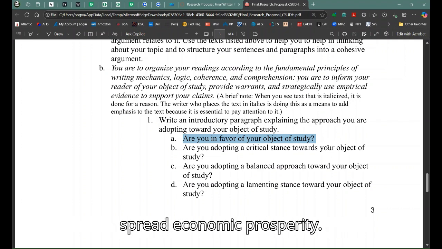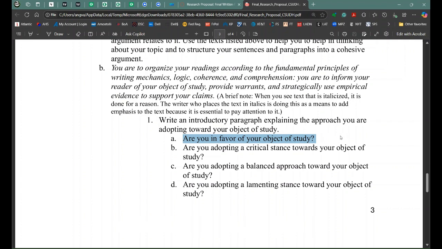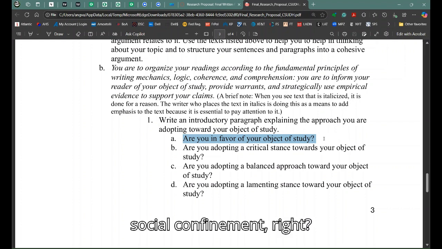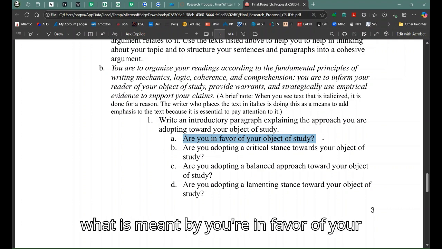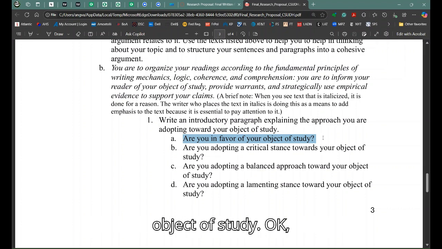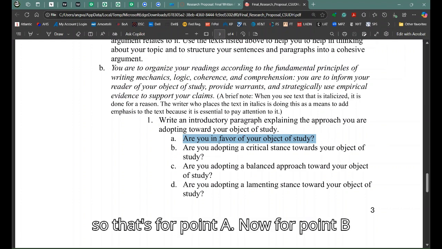It has also spread economic prosperity. It's also helped liberate women from certain social confinement, right? So he has a very positive view of globalization. So that's what is meant by you're in favor of your object of study. Okay. So that's for point A.